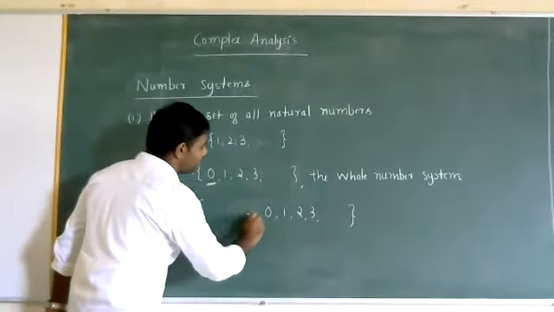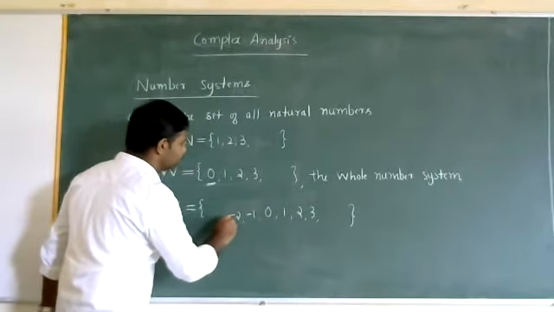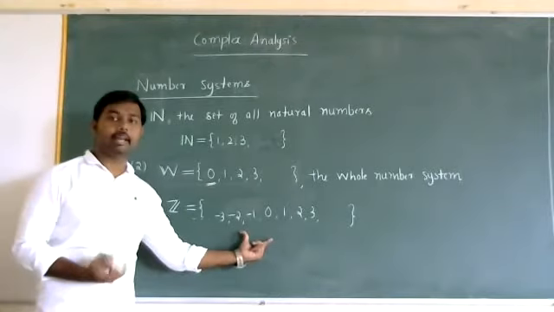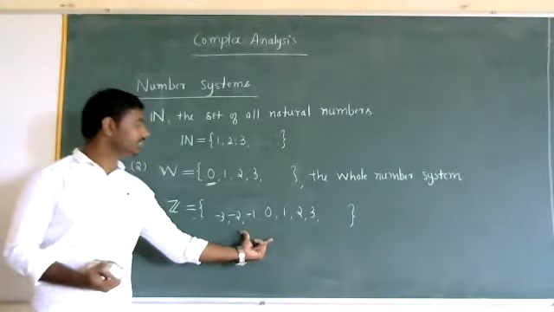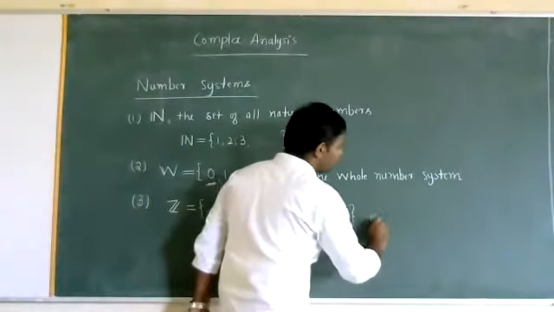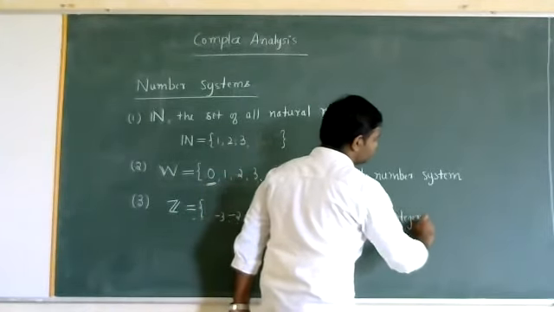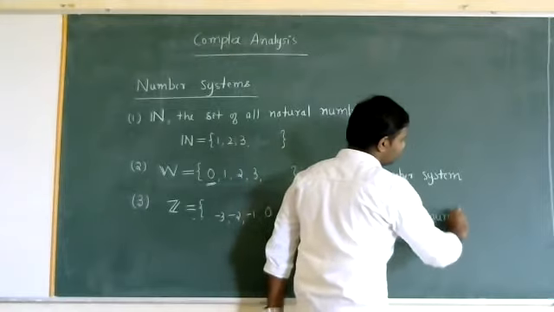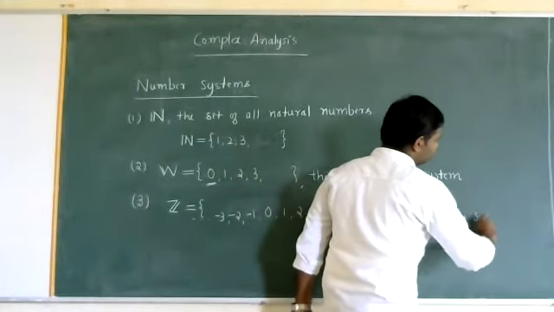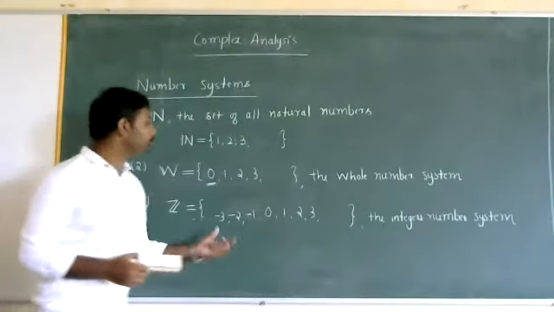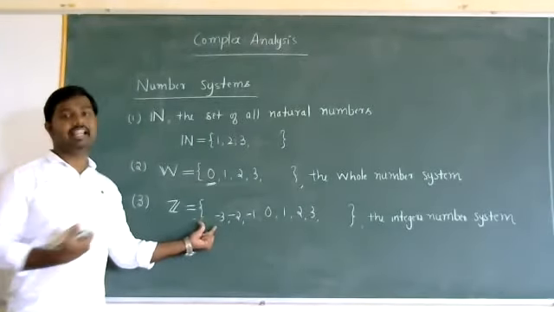Those are -1, -2, -3. This is how we represent the set of all integers. So this is called the integer number system. How can we use this in daily life, right?